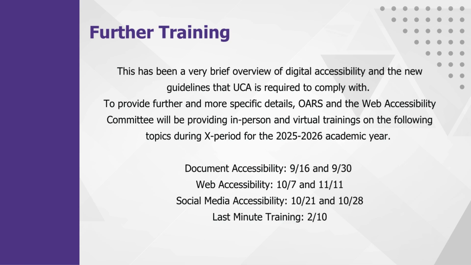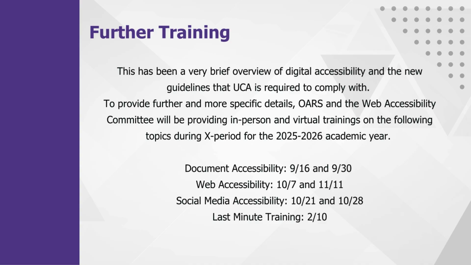This training has been a very brief overview of digital accessibility and the new guidelines that UCA is required to comply with. And it is expected that you may have questions on the details of ensuring your work is WCAG compliant.